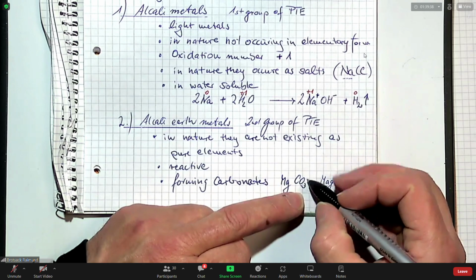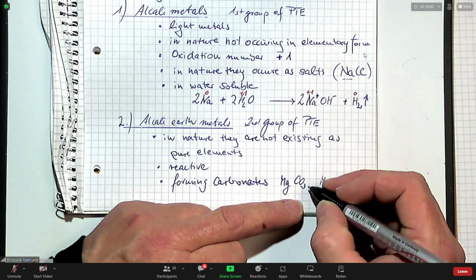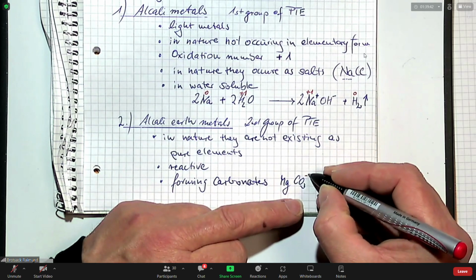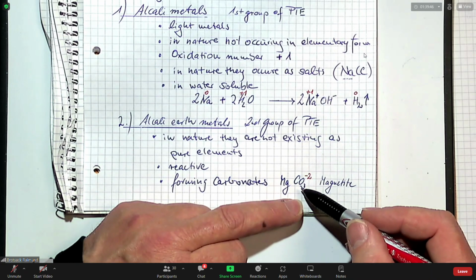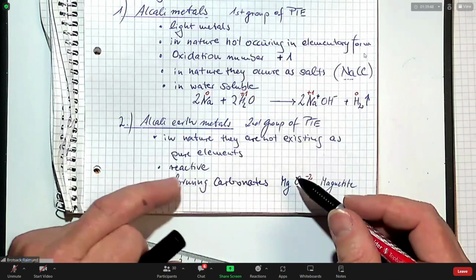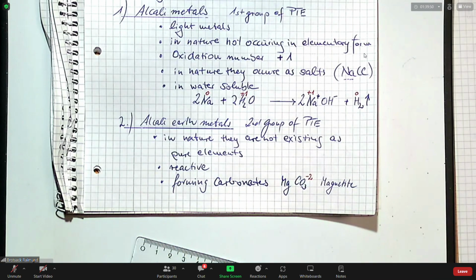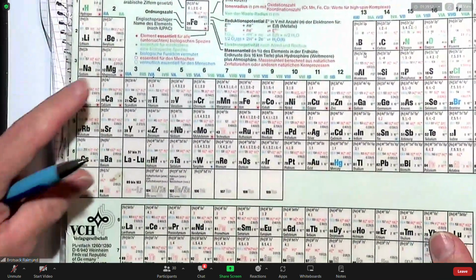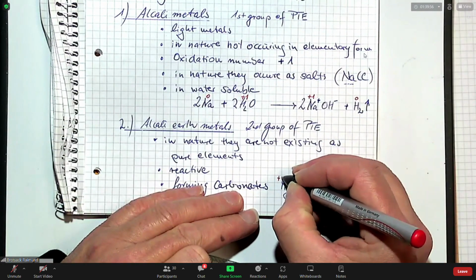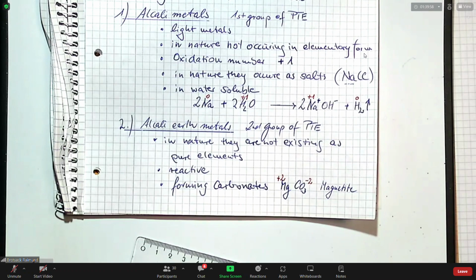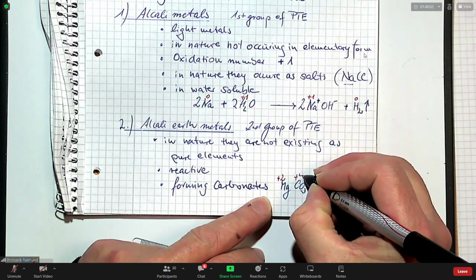What is the oxidation number of oxygen? -2. What is the oxidation number of magnesium when we have it in the alkaline earth metals? It's always +2. What must be the oxidation number of carbon? +4. +6 is not even possible for carbon.